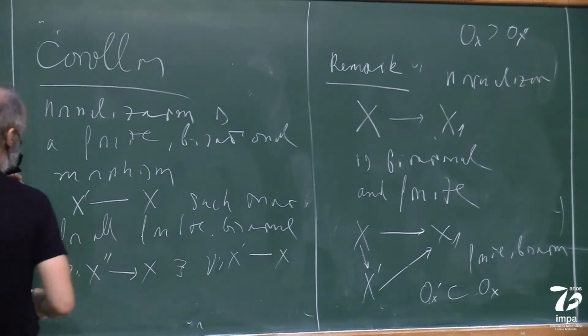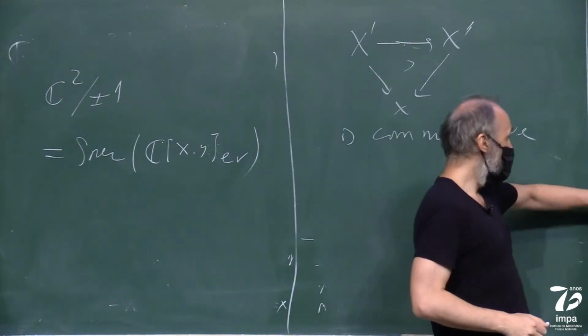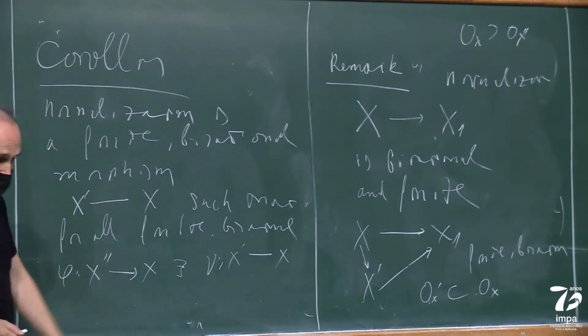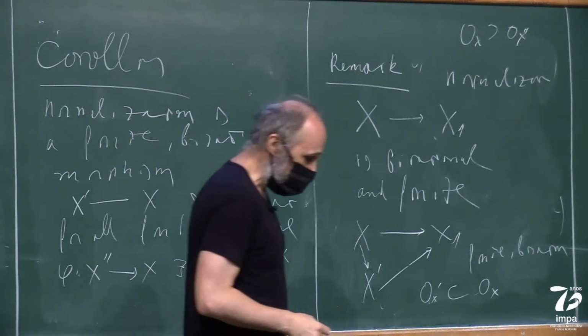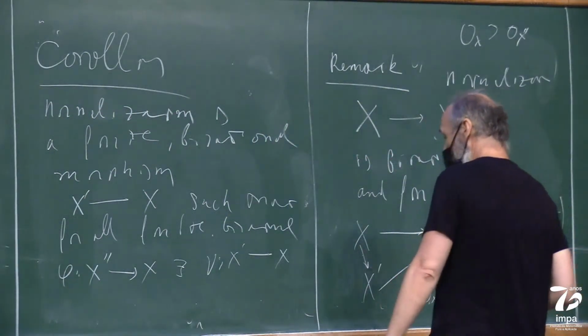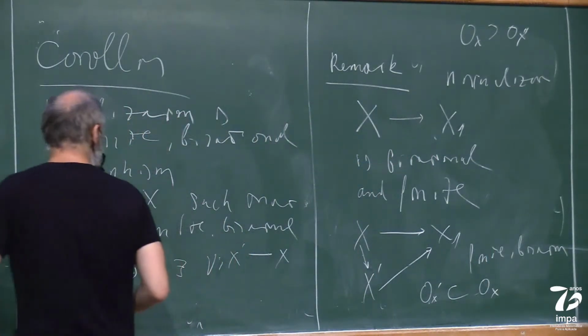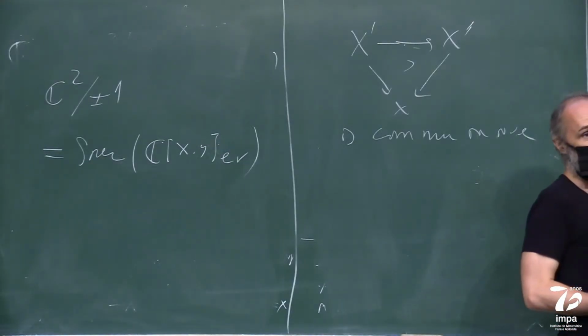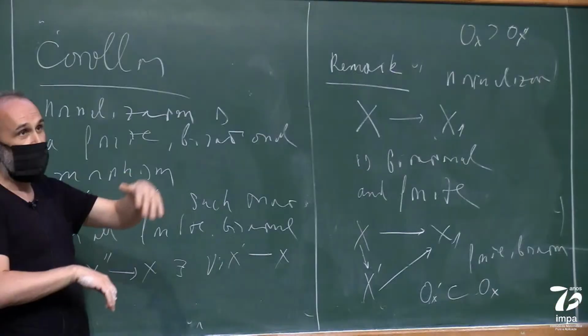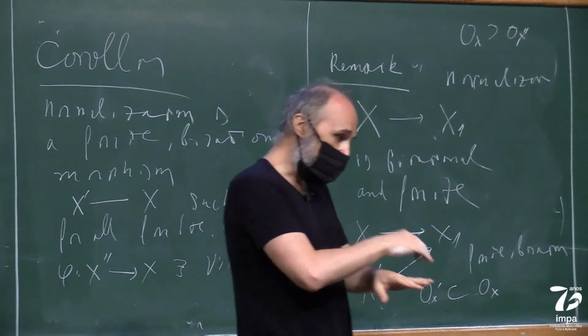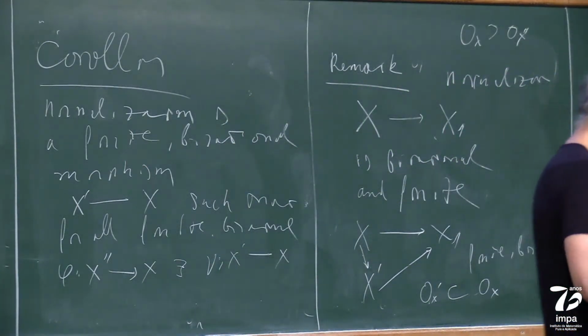Okay, if you want to get rid of the assumption that your variety is irreducible, you just define birational for non-irreducible varieties as follows. A birational map is a map which induces an isomorphism of function fields on each irreducible component.